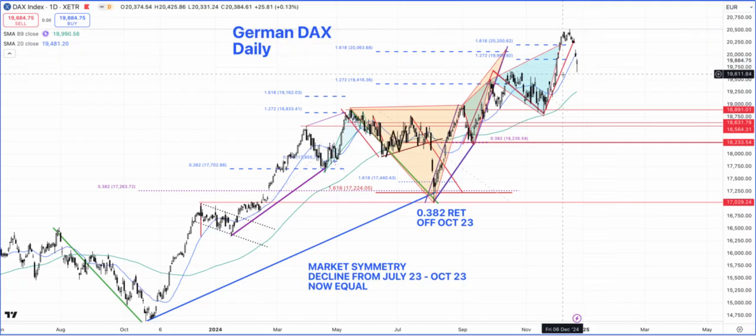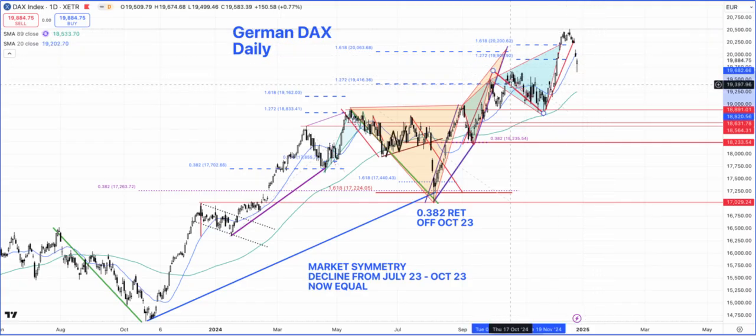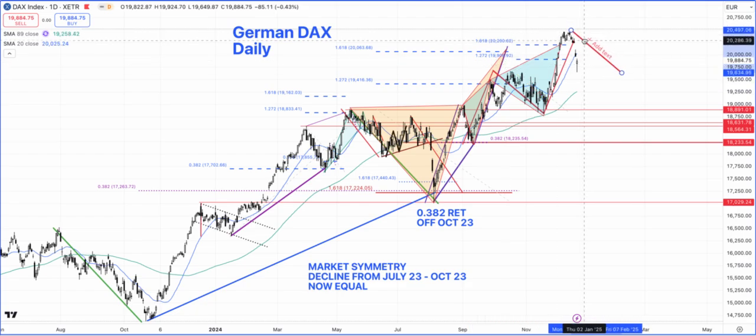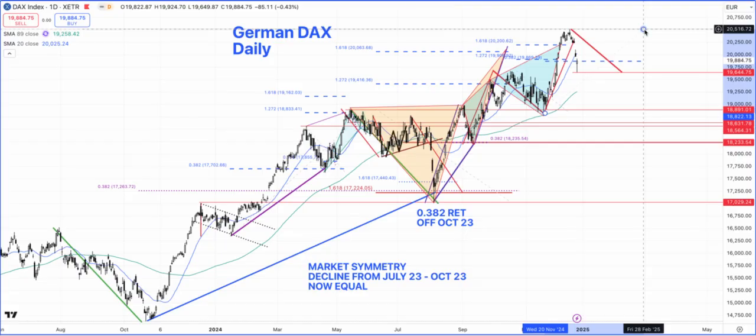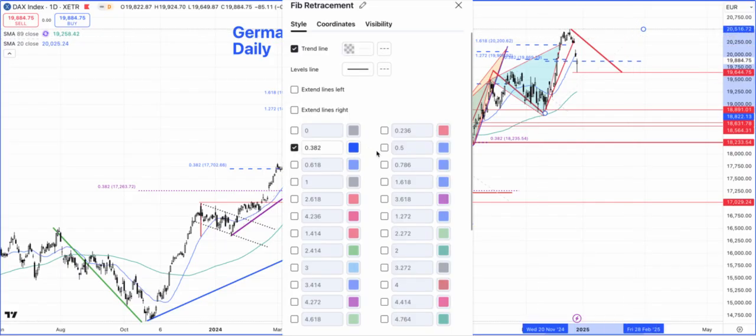So not a great looking price action, and if we just take a concept of the market symmetry, it has actually completed that. There we go, boom. So this has been completed, and if we take a retracement from here to here, looks like a 50% to me, and boom, it is 50%.